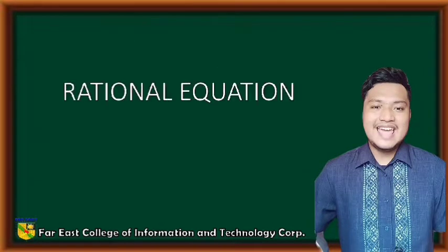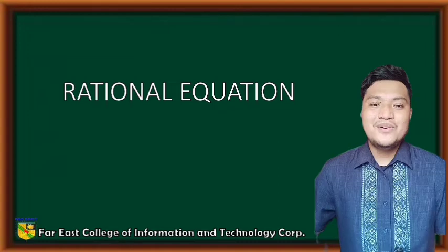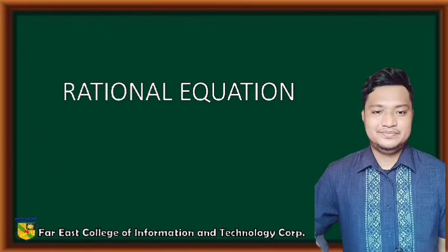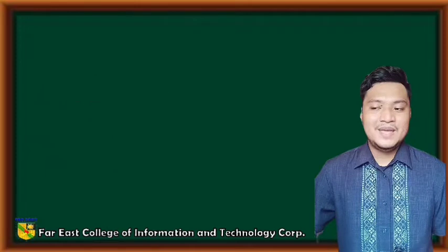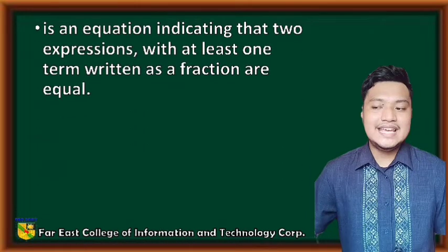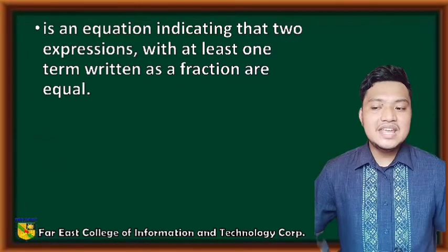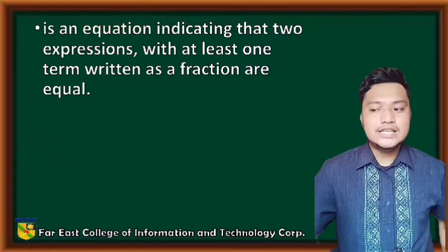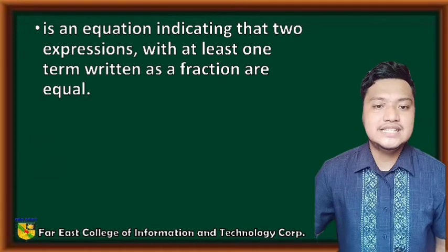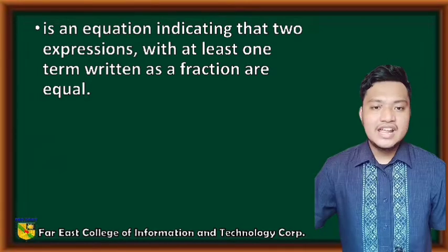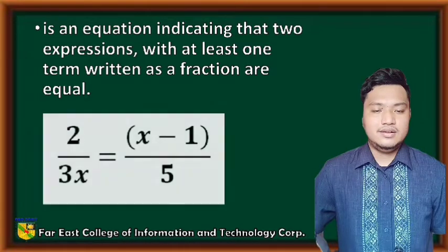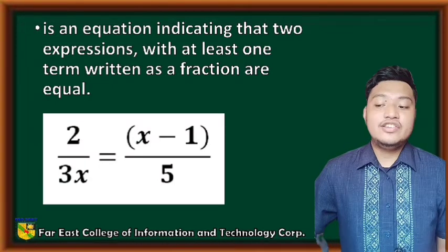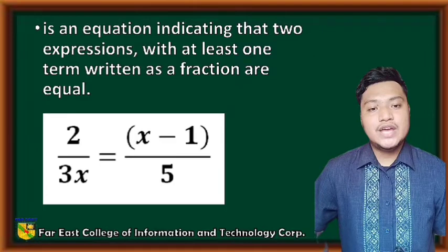Next, so let's start to discuss the rational equation. So, a rational equation is an equation indicating that two expressions with at least one term written as a fraction are equal. So, I will give you the example. 2 over 3x is equal to x minus 1 over 5.